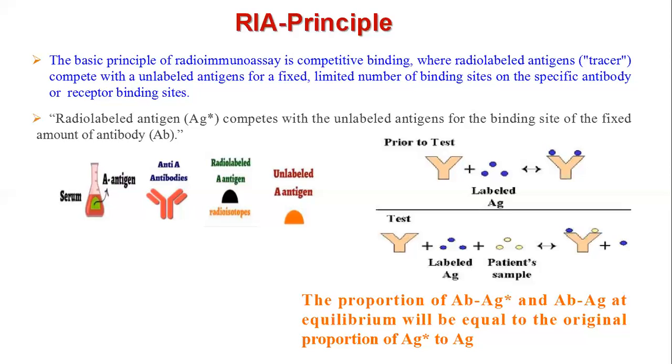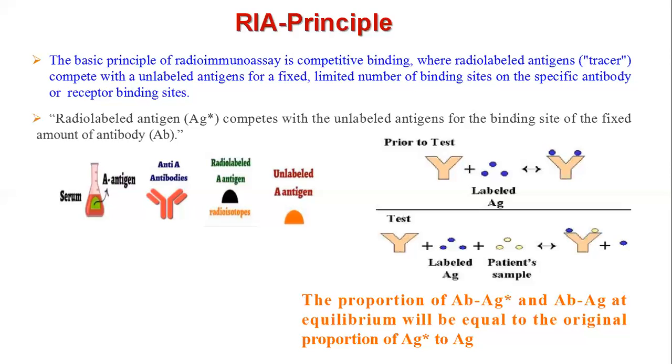Prior to the test, we first have to complex the antibody with the labeled, radiolabeled antigen. We have to check how much radiolabeled antigen is needed to neutralize all the binding sites present in the specific amount of antibody.